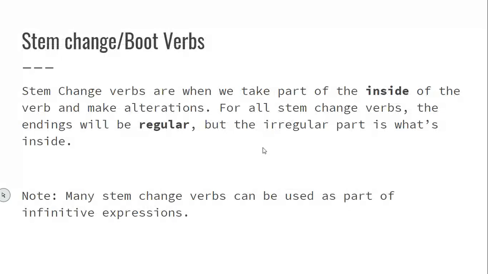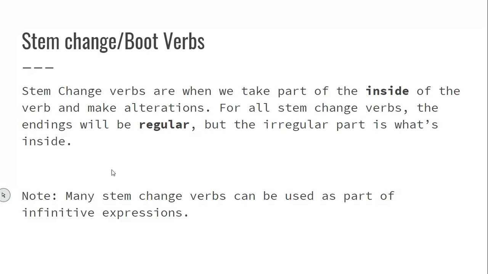All right, so stem change verbs are when we take part of the inside of the verb and we make some changes, some alterations. For all of the stem change verbs, the endings are going to be regular. What's irregular is what's inside.